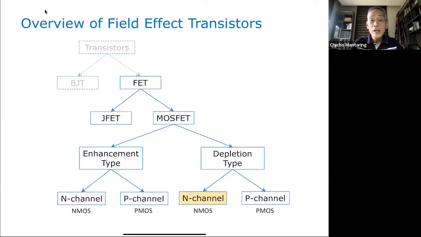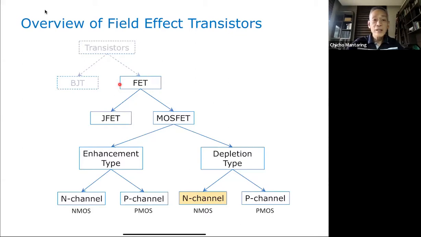The BJT is bipolar because current is due to both electrons and holes, negative charge carriers and positive charge carriers. And then this field effect transistor, you call it a unipolar transistor because your current is due to either electrons or positive charges.